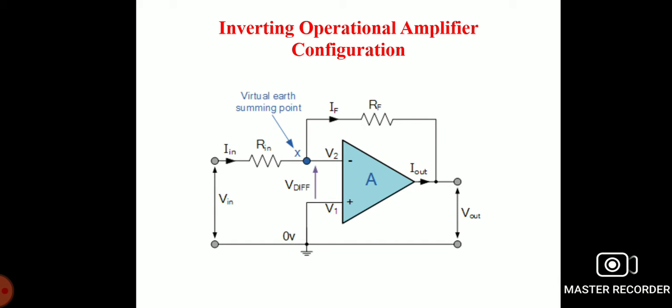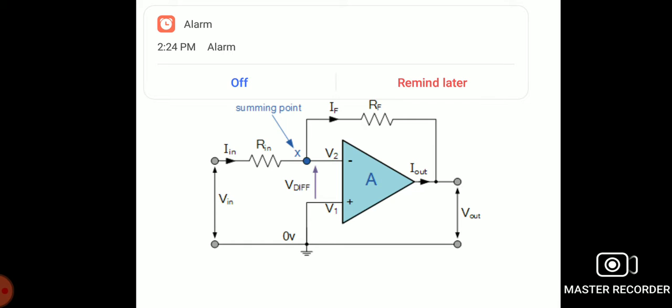However, in a real world operational amplifier circuit, both of these rules are strictly broken. This is because the junction of the input and feedback signal is at the same potential as the positive input, which is at 0 volt or ground. Then the junction is a virtual earth.